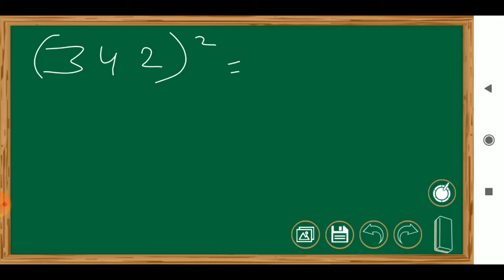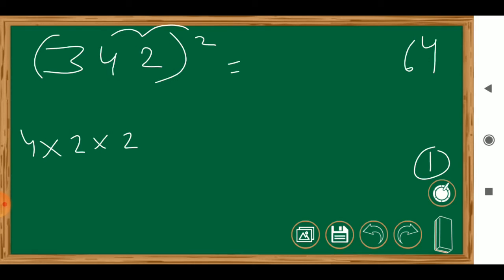Then the first step is we square the unit digit, meaning we square 2. 2 squared gives 4. The second step is we multiply 4 into 2 into 2. 4 times 2 is 8, times 2 is 16: 6, 1 carry.